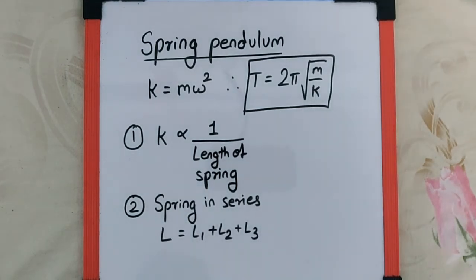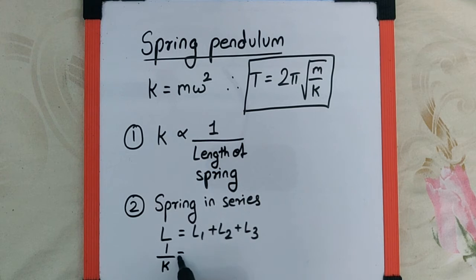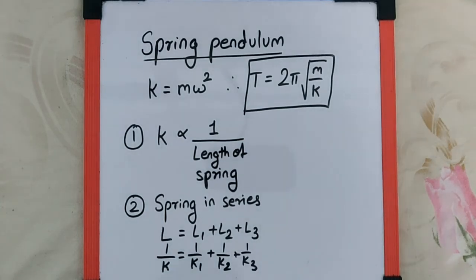So definitely, since spring constant is inversely proportional to the length of the spring, we can say 1 by K is equal to 1 by K1 plus 1 by K2 plus 1 by K3, which means when the springs are connected in series, the reciprocal of the equivalent spring constant is equal to the sum of the reciprocals of the individual spring constants.